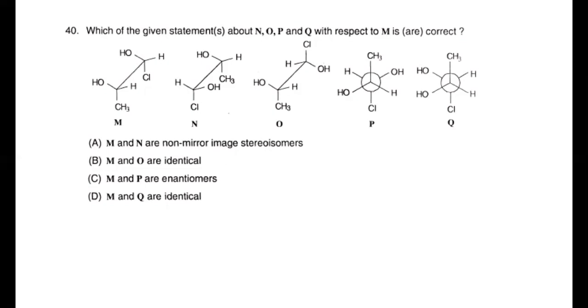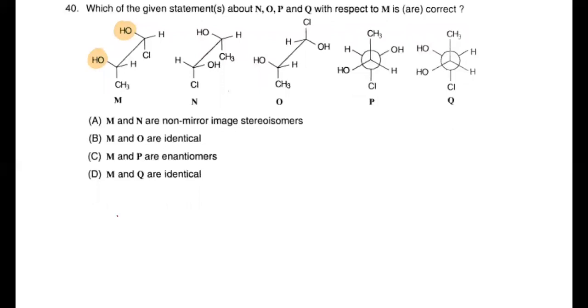So first step, you can see easily in compound M, both are at the same side and the other valencies are different, so there is no chance of a plane of symmetry. While in the other case, option N, they are not actually mirror images.